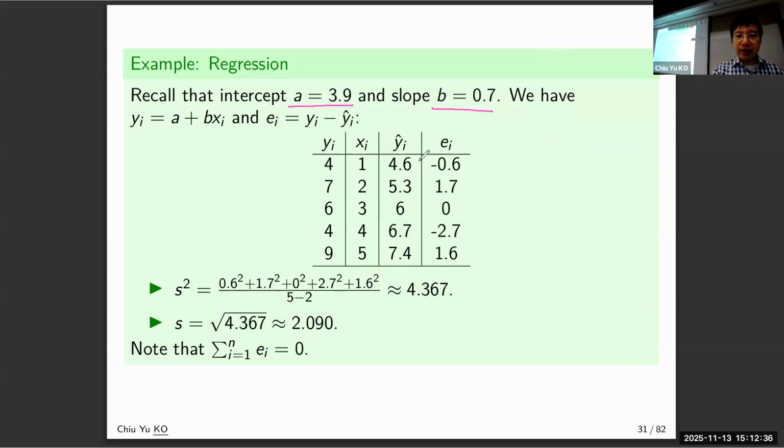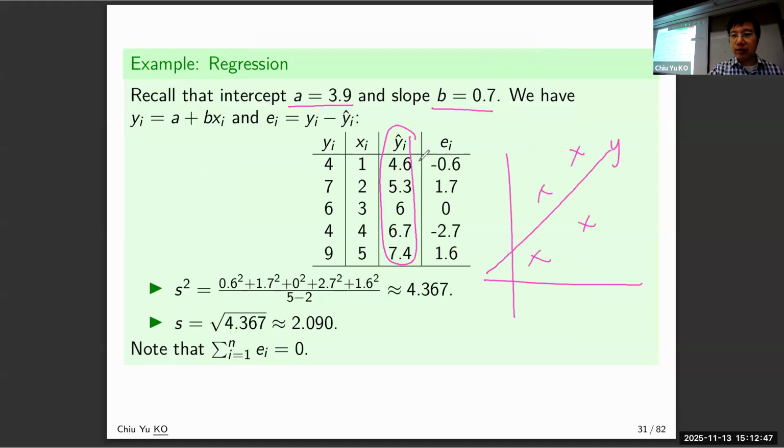What we need to calculate is this y hat. Remember, E is your regression residual. There is a bunch of points here. The E's are just the difference between y and y hat. How do you get this number?